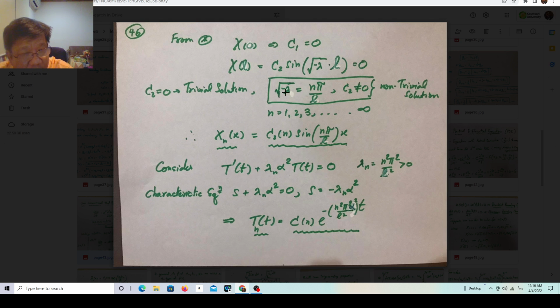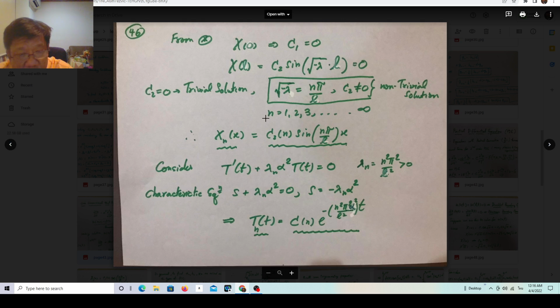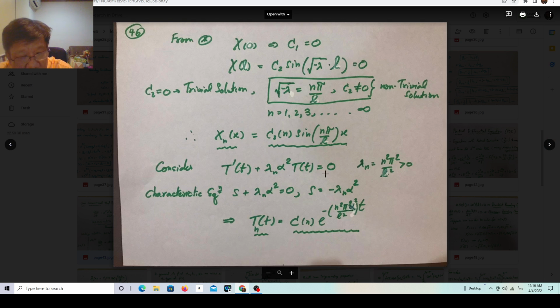But you know that it is minus lambda from the original equation, leading to the plus sign here, because when you square this here, it is equal to n squared pi squared divided by L squared. And so the alpha squared, from the original equation, you can always have alpha squared, and this one, dT by dt equal to 0.